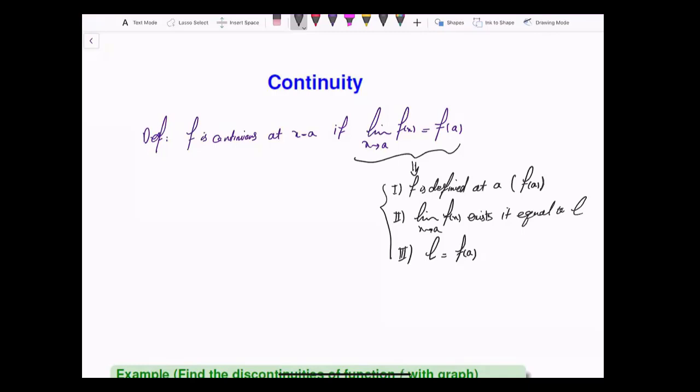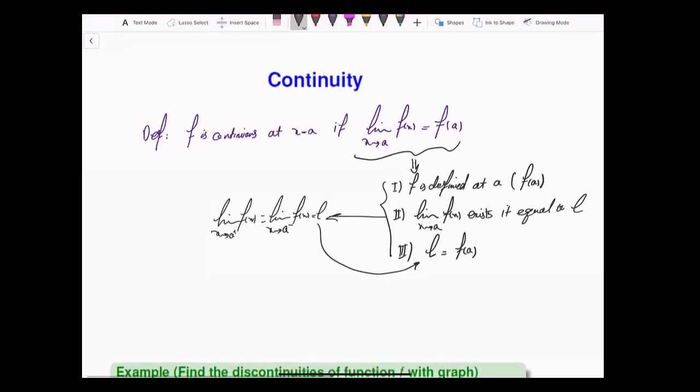If the function is piecewise defined, to check that the limit exists, you should do the right limit and the left limit. You should make sure that they exist and they are equal, and then that number is equal. Okay?